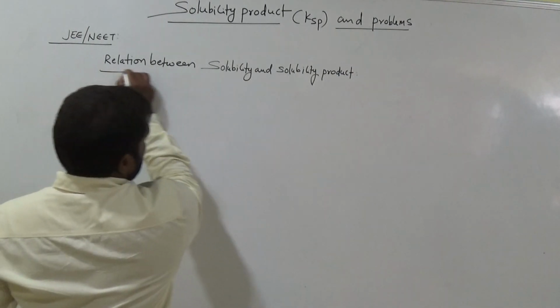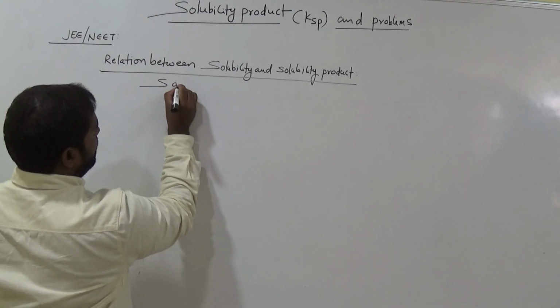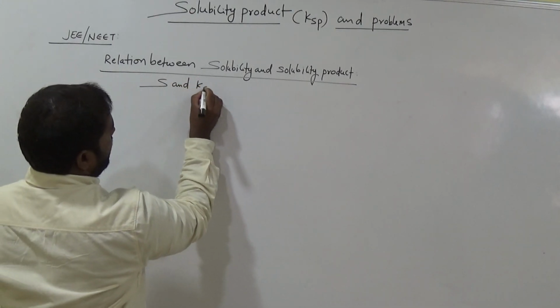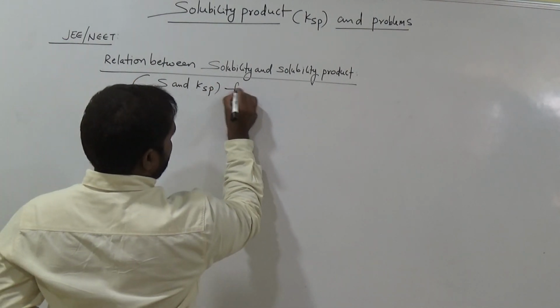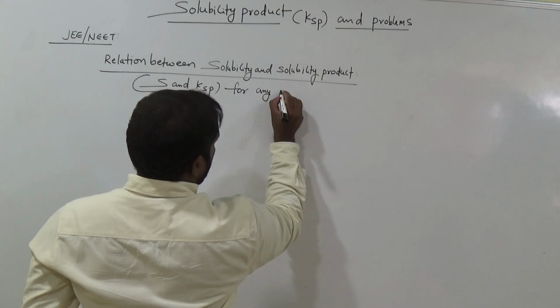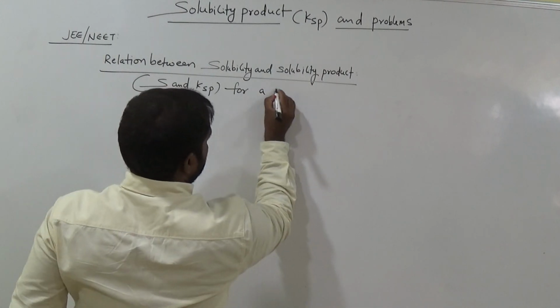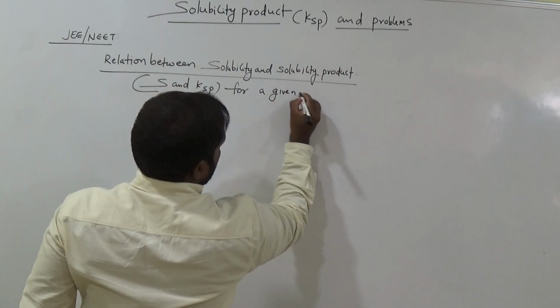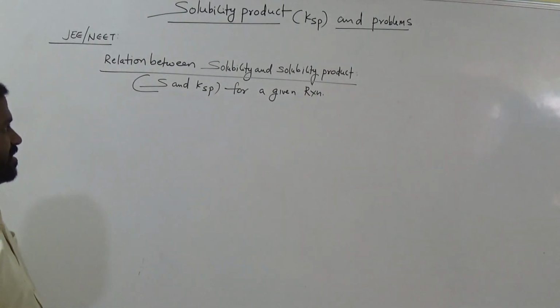Solubility and solubility product, that means simply S and Ksp, for a given reaction. Very, very important.